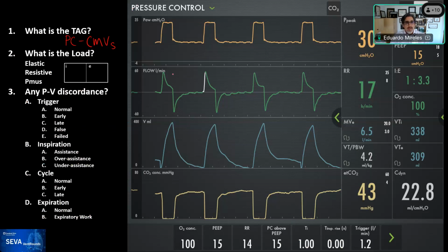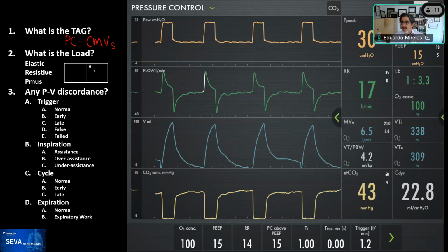All right. And we can see the flow waveform is passive. It's different in all of them. The inspiratory time is set by us, and actually you can see it down here. There's the inspiratory time. And the targeting scheme is set point. And we know that from analysis of this mode before, but essentially you set the pressure control, the respiratory rate, and the inspiratory time. So that's the tag.